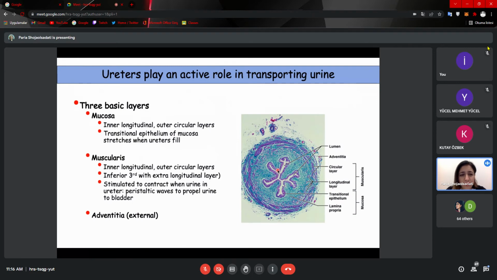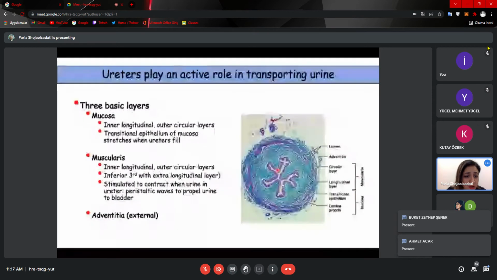And this part is made of three different layers: the inside mucosa, the muscular wall, and the adventitia, or the part of the peritoneum on the surface of it.